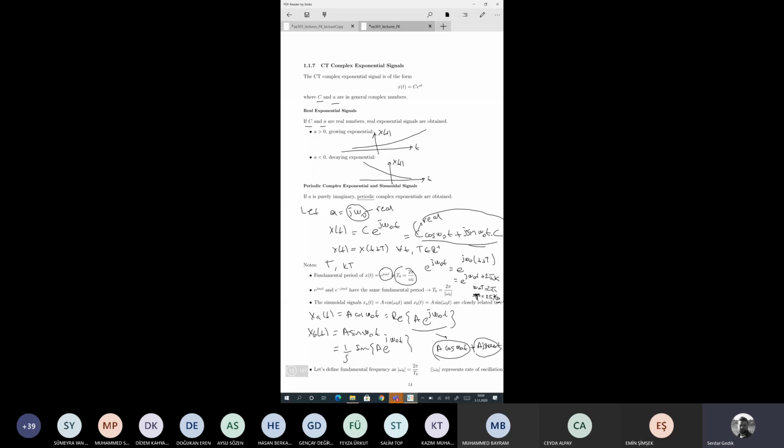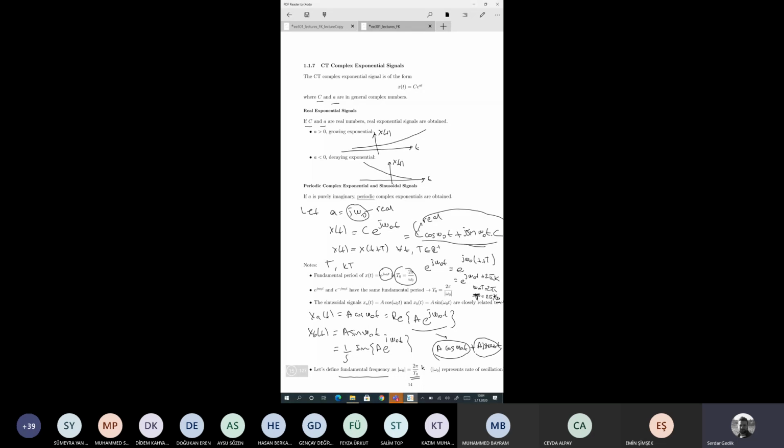Now as a next step, let's define the fundamental frequency as omega 0, which is 2 pi over t0. Let me say fundamental frequency once more. Note that any multiple of the period is again a period of my complex exponential, but as the fundamental period, I mean the smallest of those periods.